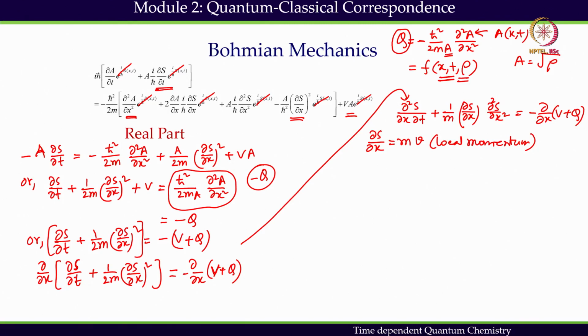So, if we do that, local momentum, and we can take the second derivative, and that is going to be m dx. So, we have to use this because this is a term which we have here.